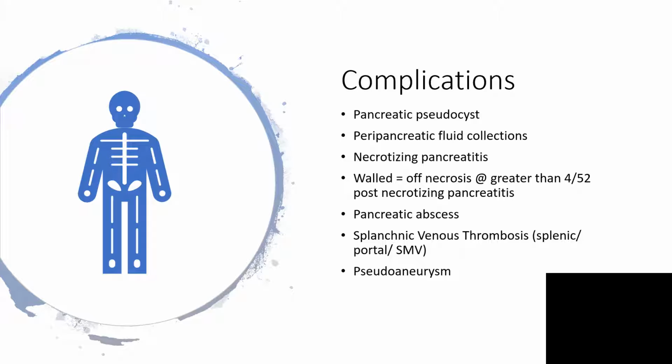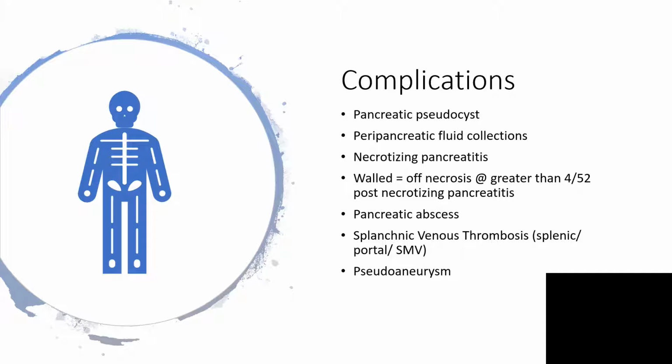What are the possible complications? There's possibility of pancreatic pseudocyst, peripancreatic fluid collections. You are going to pick all those on your scan, CT scan, and everything like that. Necrotizing pancreatitis. What of necrosis if it's greater than 4 weeks post necrotizing pancreatitis?